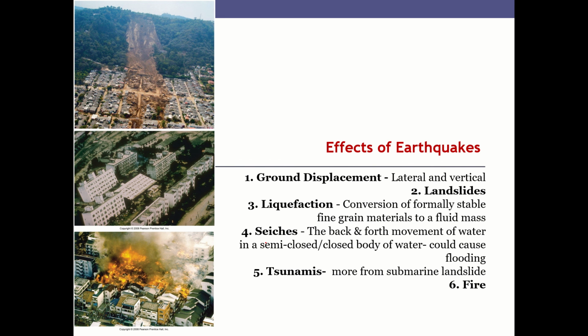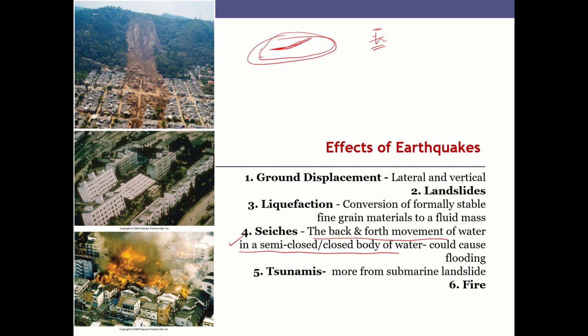Okay, there can be seiches, the back and forth movement of water in a semi or closed water body and so on and so forth, which could lead to flooding. And probably you must have seen a lot of videos circulating during earthquakes or during tsunamis and all, where there will be a movement of water.